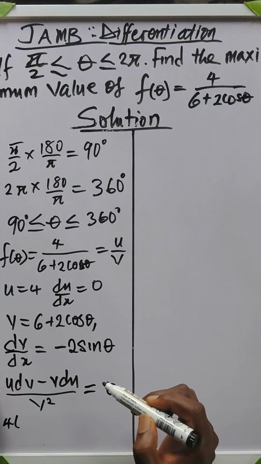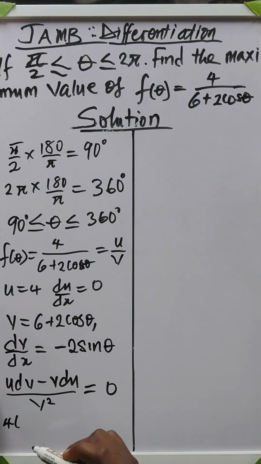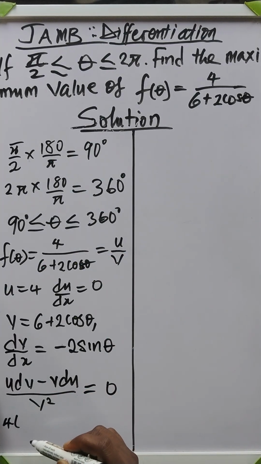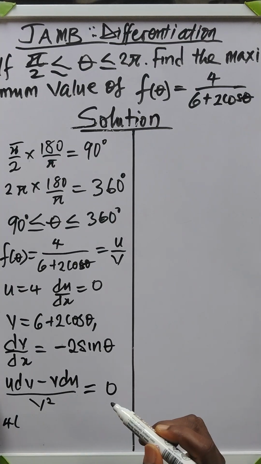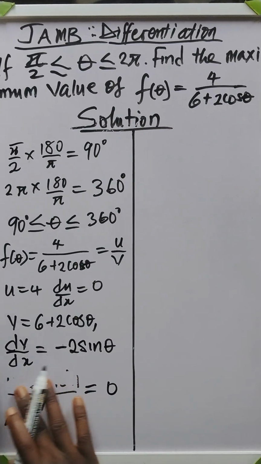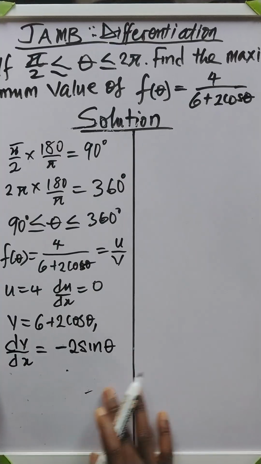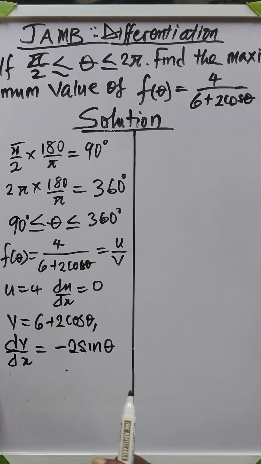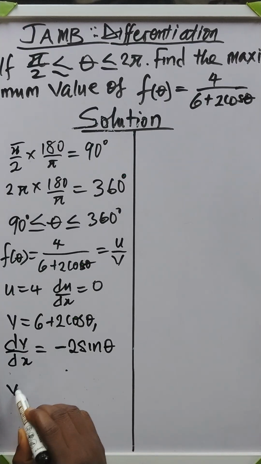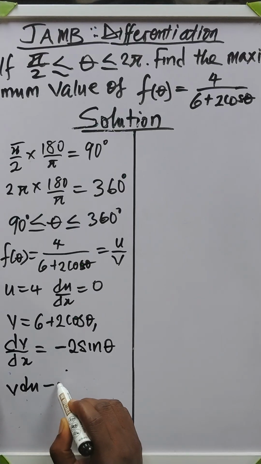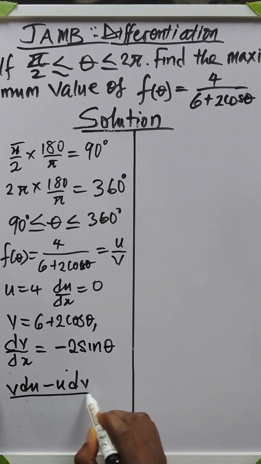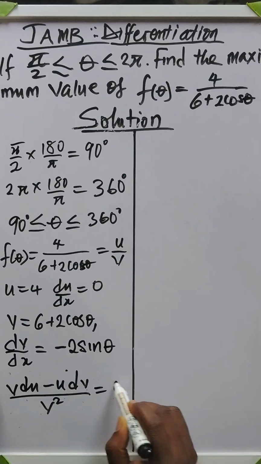Sorry, I think I made a mistake here. This should be v du minus u dv all over v squared is equal to 0.